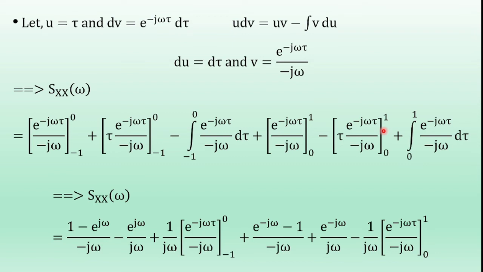Plus here, substitute the upper value of tau, 1 into e power minus j omega by minus j omega, minus the lower value of tau, 0 into something 0. So minus into minus plus, so plus e power minus j omega by j omega. So plus into minus minus 1 by j omega. The integral of e power minus j omega tau is e power minus j omega tau by minus j omega. So in this term and in this term, substitute the upper and lower values of tau.